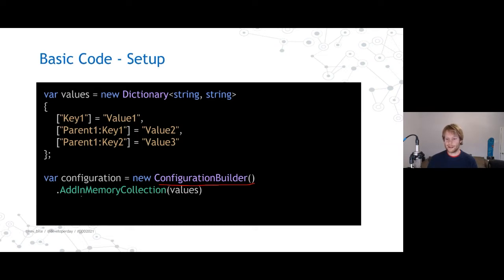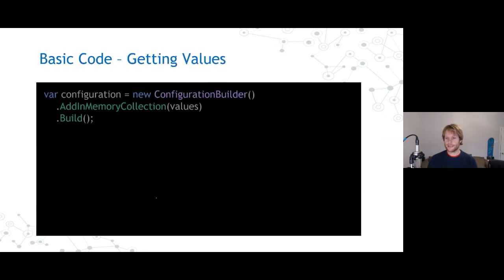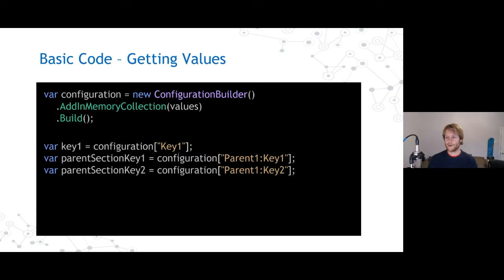This one is just in-memory, so we can do an add in-memory collection, pass it our dictionary values, and call build. This gives us an IConfiguration or IConfigurationRoot. From that, we can get values using the indexer to say I want key 1, or I want parent 1 colon key 1, and it'll get those values for you.